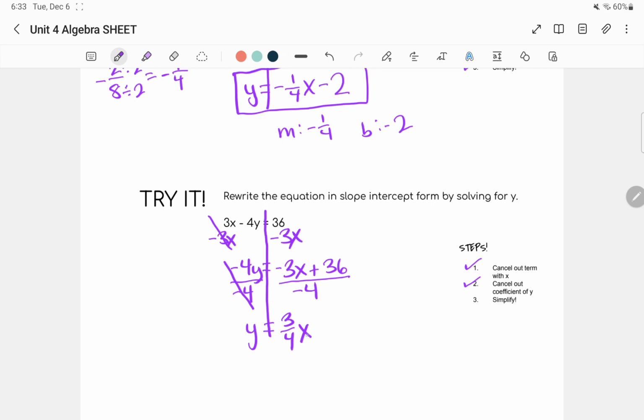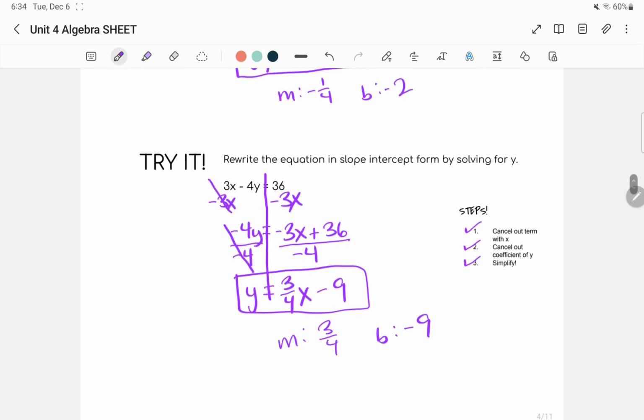Don't forget that x that's there. Then 36 divided by negative 4 is negative 9, so minus 9. And I'm done. My m is 3/4 and my b is negative 9.